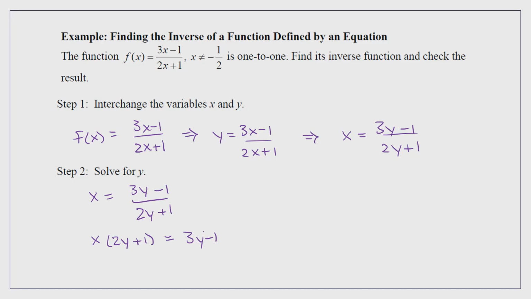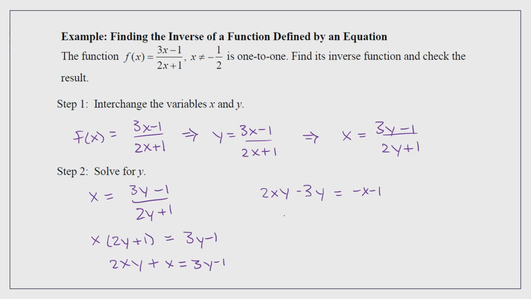Then I will distribute the x to each term within the parentheses, giving me 2xy plus x equals 3y minus 1. Now I'll get all of the terms that contain a y on the left-hand side and all of the other terms on the other side.